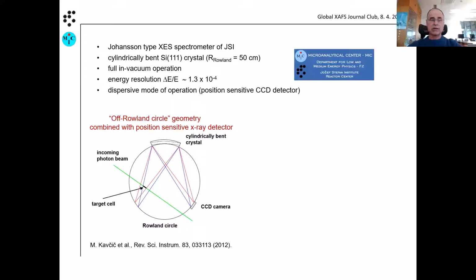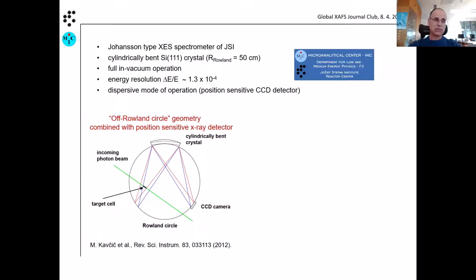What is a little bit specific, as I have tried to point out here, is that generally Johansson geometry is, of course, point-to-point focusing, but in our case, we move the sample a bit inside the Rowland circle. And in this case, the geometry becomes dispersive. The main motivation why we do this is that we had in mind, of course, to measure also emission from what we call an extended source.